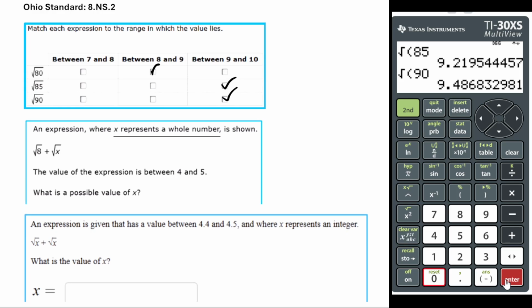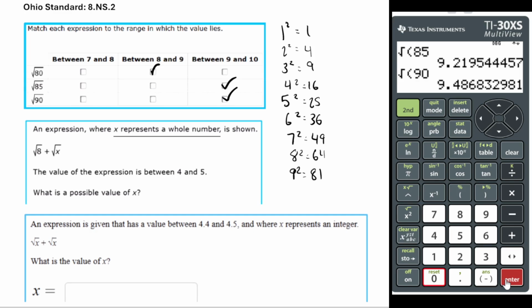So here's what I'm going to recommend. Know your perfect squares. So we have 1 squared is 1, 2 squared is 4, 3 squared is 9, 4 squared is 16, 5 squared is 25, 6 squared is 36, 7 squared is 49, 8 squared is 64, 9 squared is 81, and 10 squared is 100.